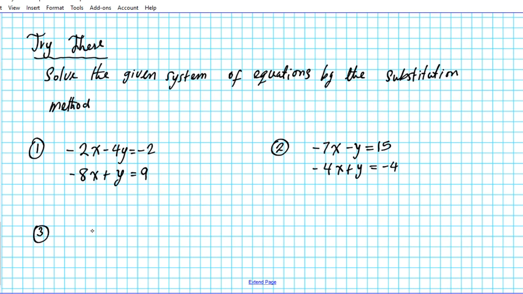Number 3, let's say we have 5x minus y is equal to 9, and x minus 3y is equal to negative 15. Alright, so go ahead and pause the video at this time. I'd like you to try out the following problems, and then you can reinitiate playback to see what the answers are.